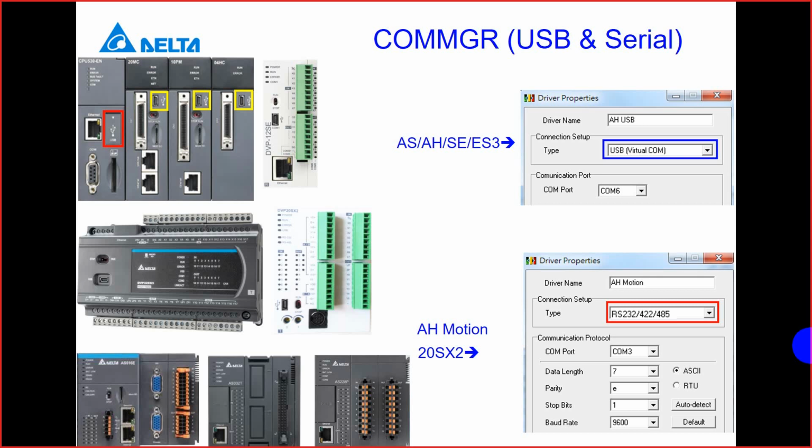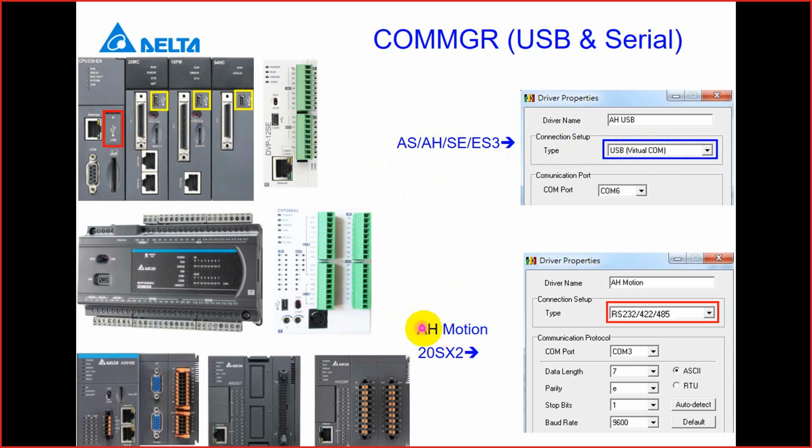Okay, and this one just shows you that now for Delta, a lot of PLCs or modules have the mini USB port, right? But not all of these mini USB ports actually use USB. For example, if you use S or H PLC, or SE, or even ES3, then this is a real USB.